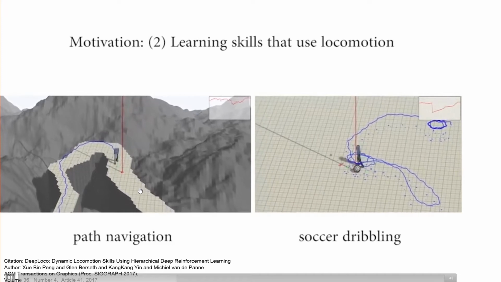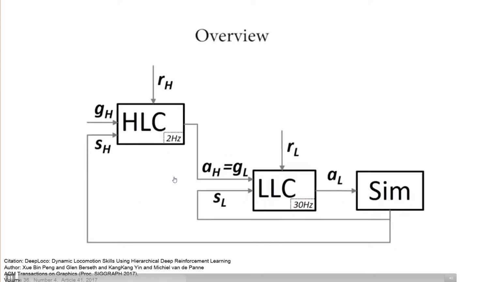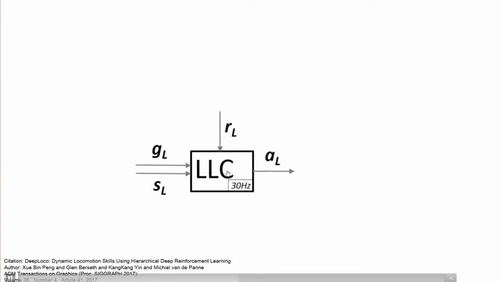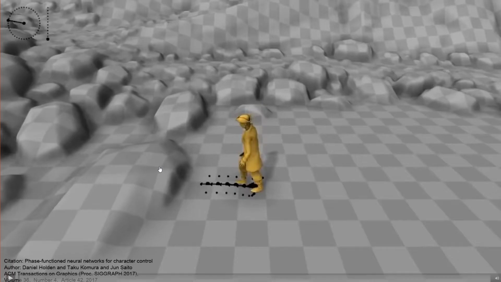And the agent is able to smoothly navigate a complex world. It uses what's called a hierarchical learning system. So you have a high-level controller which operates in a long time frame, and a low-level controller which operates in a real-time way. And these are able to drive a simulation, so I won't dwell on that too much.